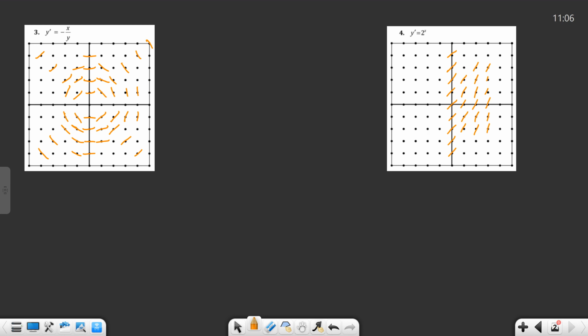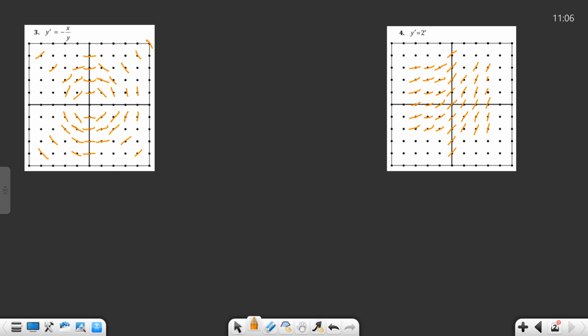What happens when I go to the left? What if x is -1? What's the value of the derivative? 1/2. So it starts to get shallower. And again, notice it's not rocket science here.